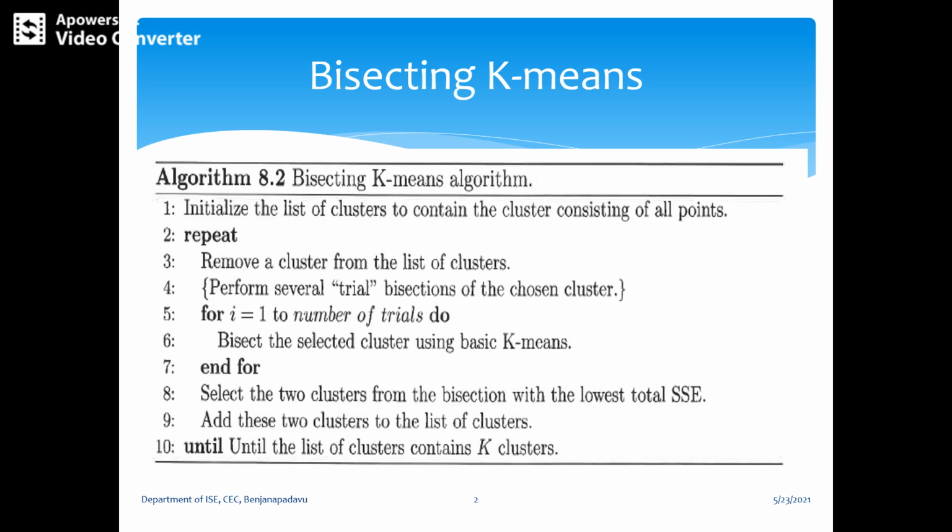Select the two clusters from the bisection with the lowest total sum of squared error. We just discussed sum of squared error in the previous video.